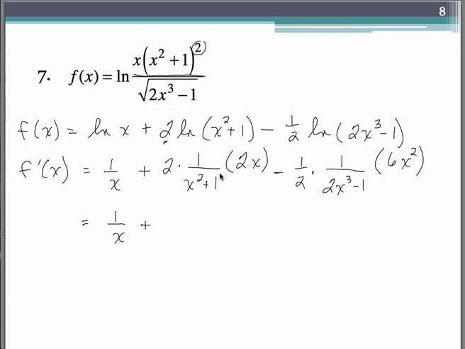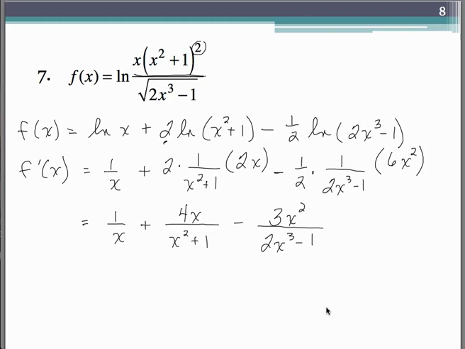So in the middle, we can do 2 times 2x, so it makes it 4x over x squared plus 1, minus, we can cross cancel this half with the 6x squared, so we have 3x squared in that numerator over 2x cubed minus 1. And that would be your answer. That's how you'd leave it. But definitely easier than the alternative of working with it the way it was.